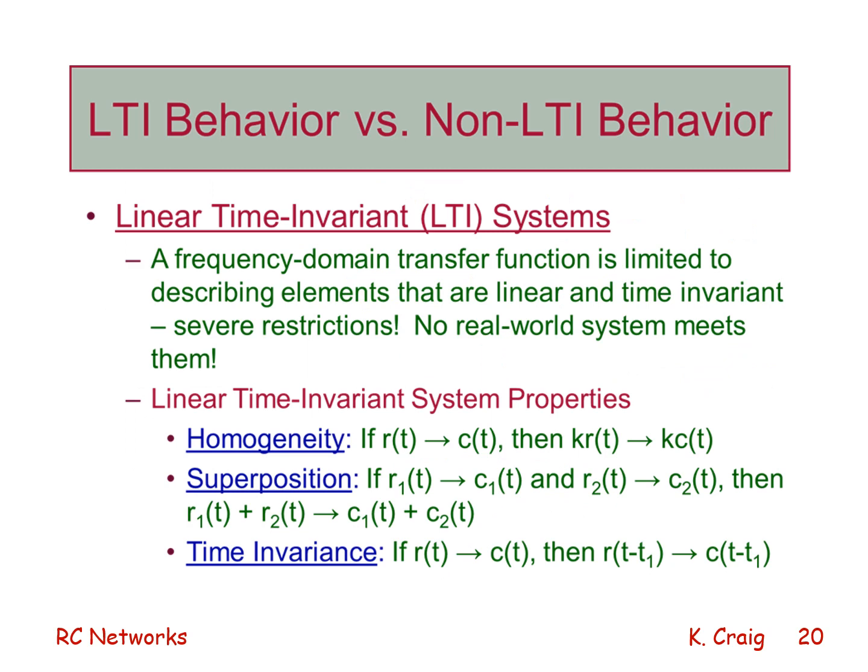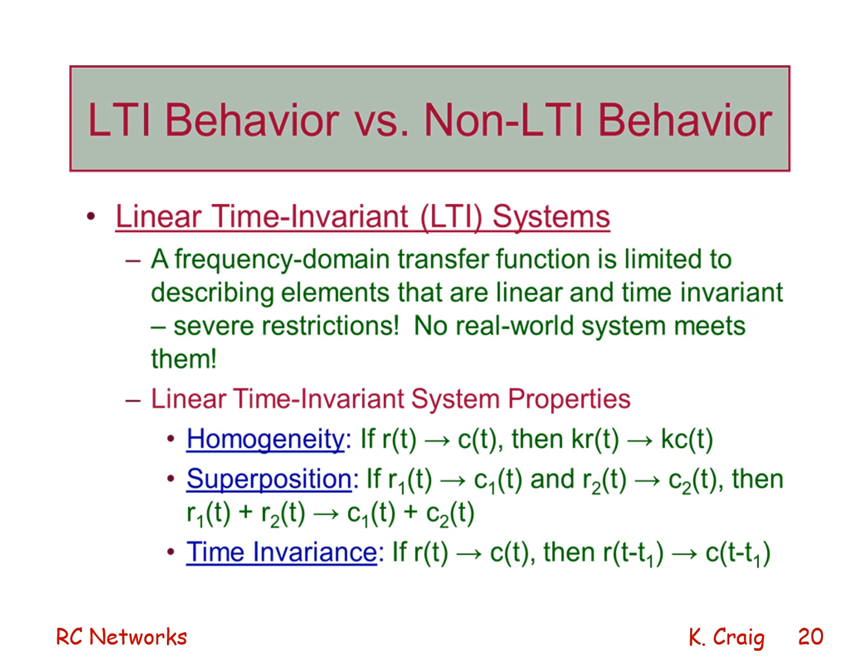Let's say a few words about linear time invariant behavior versus non-linear time invariant behavior. Linear time invariant systems, LTI systems, are what we assume our systems to be, although that is the exception. Most real-world systems are non-linear time invariant systems.